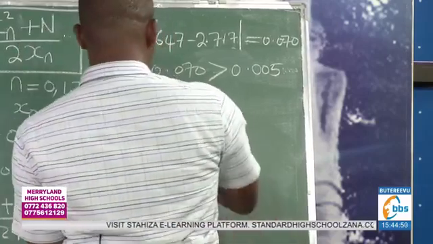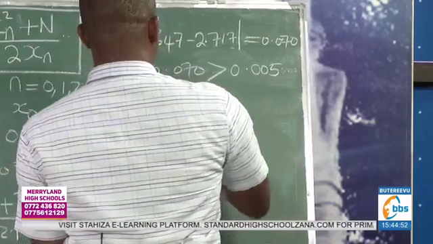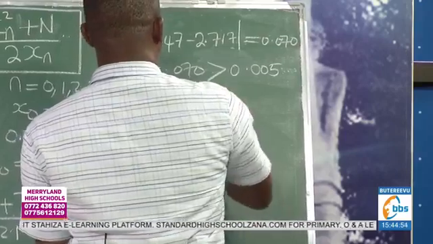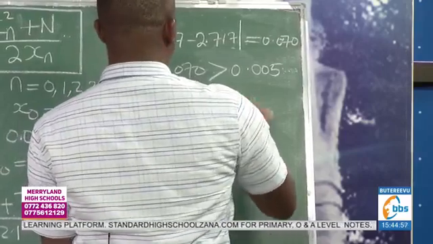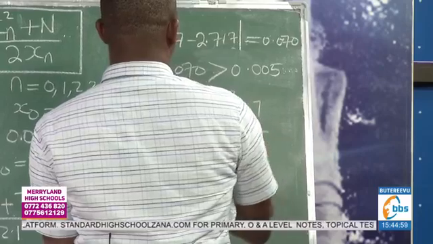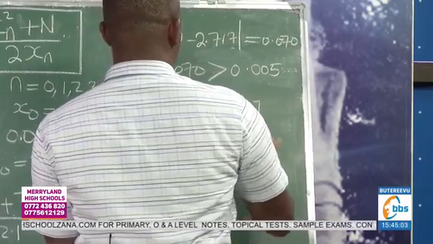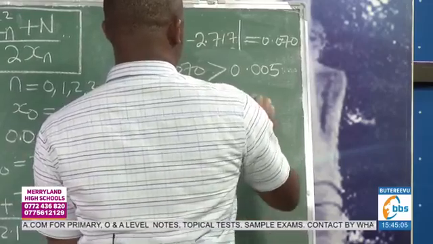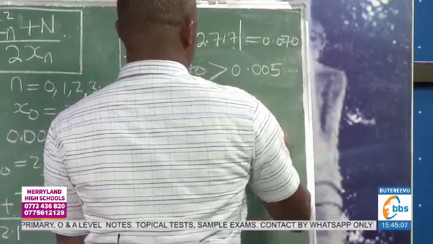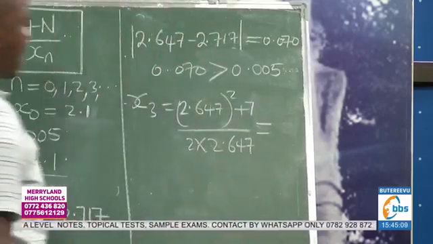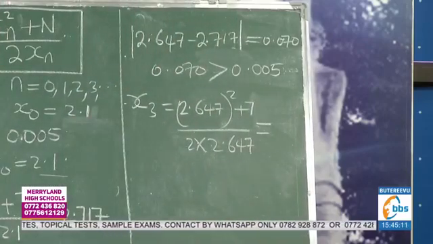Our x3 will be 2.647 squared plus 7 over 2 times 2.647. When we compute this, I will again give you an opportunity to test and check.